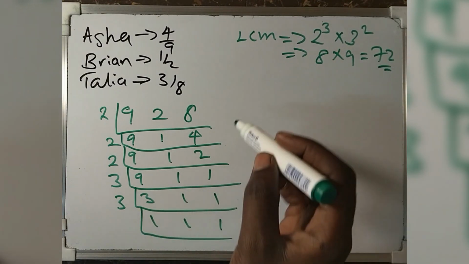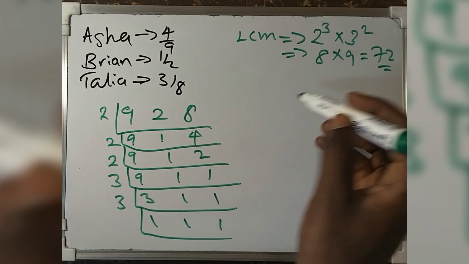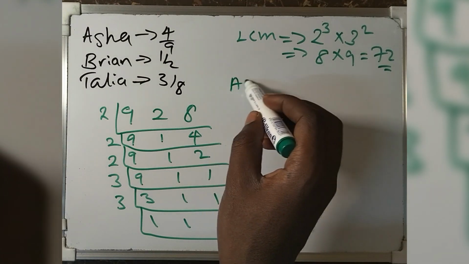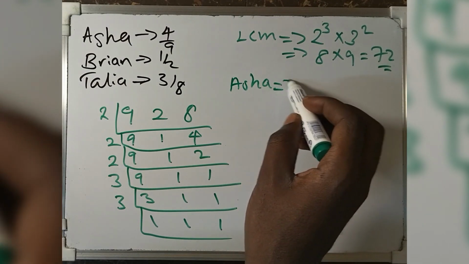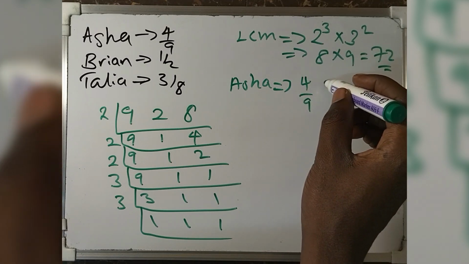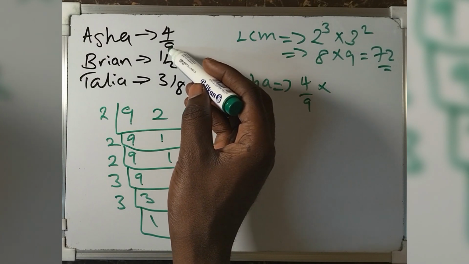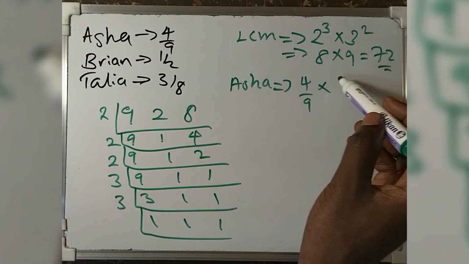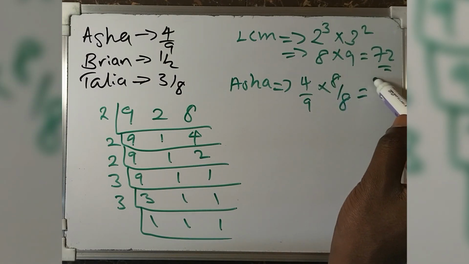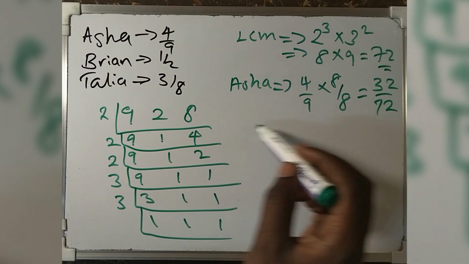Now let's make these fractions equivalent with the same base. So for Asha, I'm going to have 4 over 9 times, and 9 goes to 72 8 times. So for Asha, we're going to have 32 over 72.